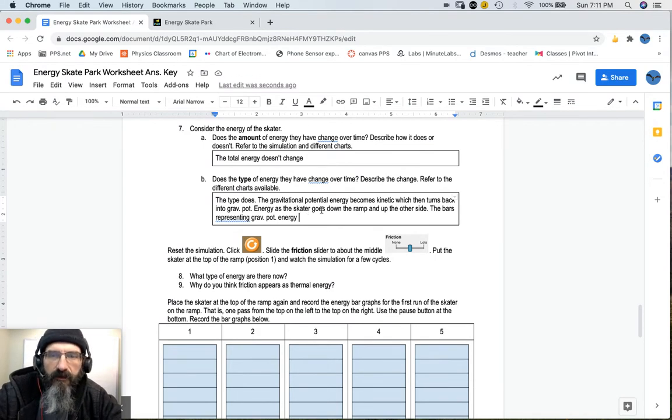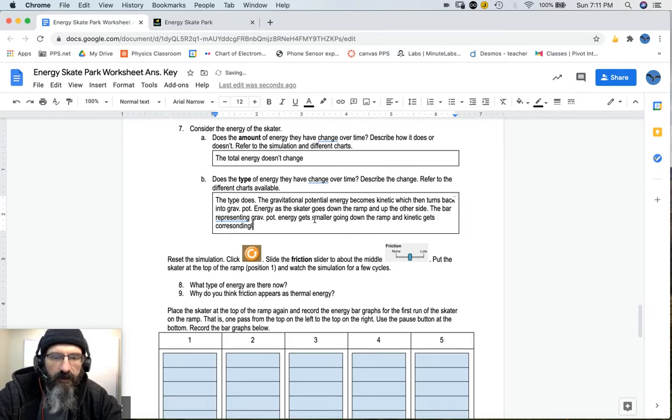I guess it's the bar representing gravitational potential energy gets smaller going down the ramp, and kinetic gets correspondingly bigger.